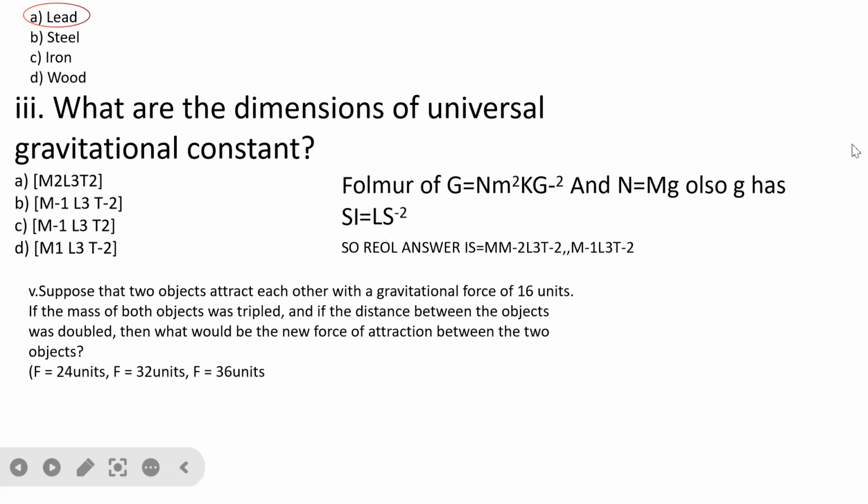As you know, the unit of meter is a length, and second is a time, so we can write L per T to the negative 2. So for the final answer, M mass times L cubed times T to the negative 2, which will give us M to the negative 1, L to the power 3 and T to the power negative 2. So the answer will be B also.